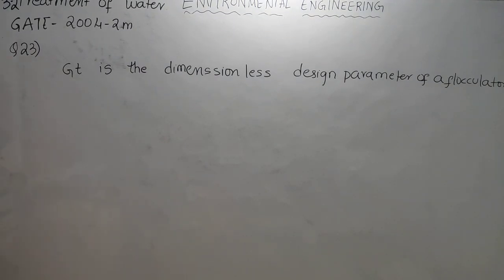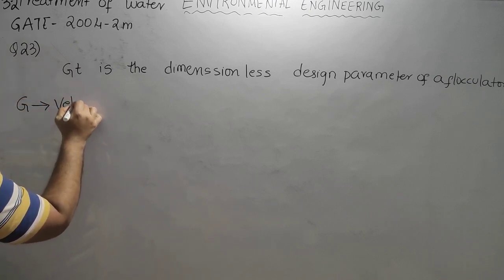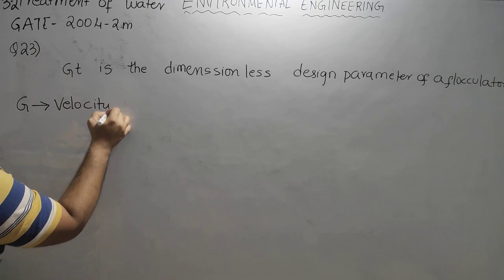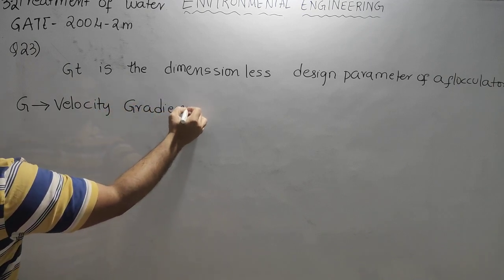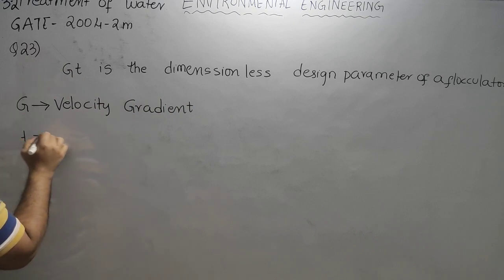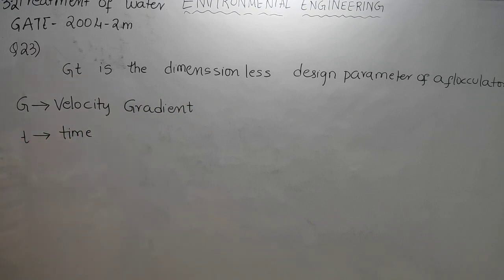So what is G here? G is the velocity gradient, and t is time of mixing. T is the detention time or time of mixing.